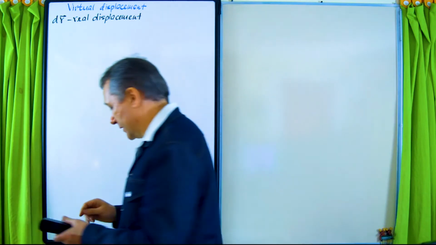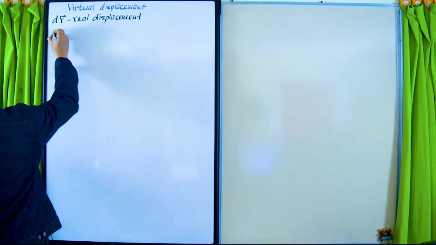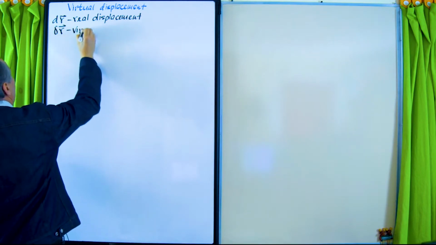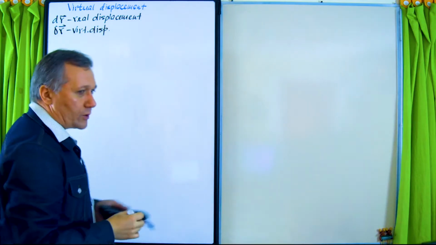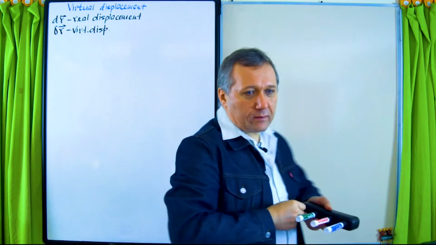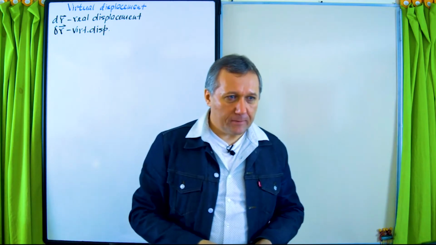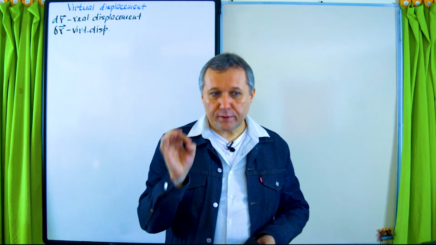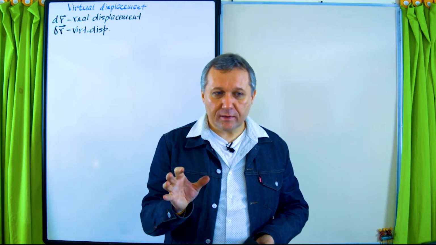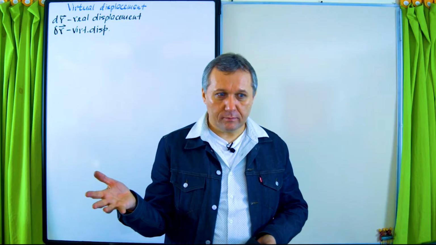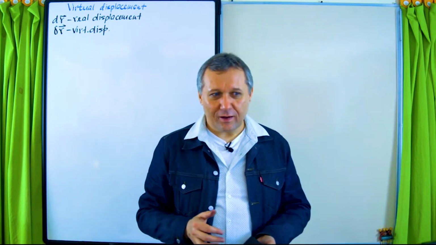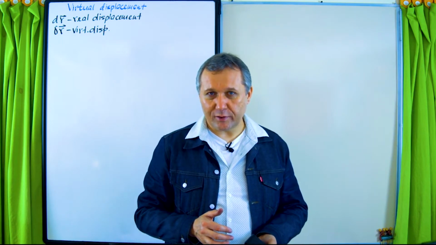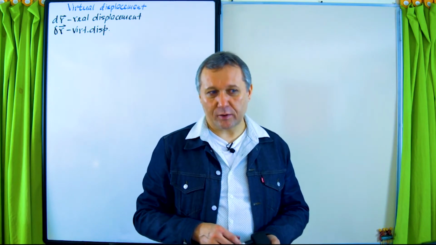Just a normal, real displacement. But virtual displacement, delta r, it's a kind of strange idea, because when you execute this displacement, only position changes. The rest is held constant. For example, time. Of course, it's impossible, right? Nevertheless, virtual displacement is introduced with this condition, when the time is held constant.